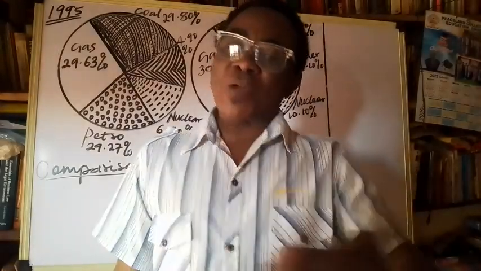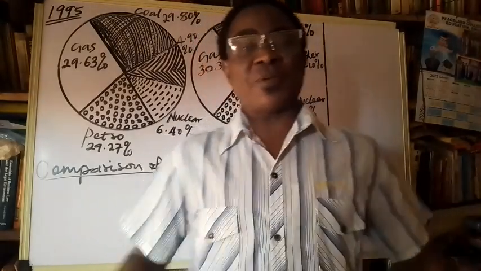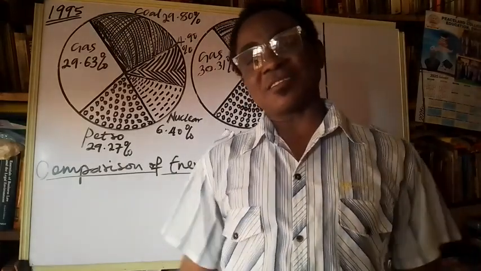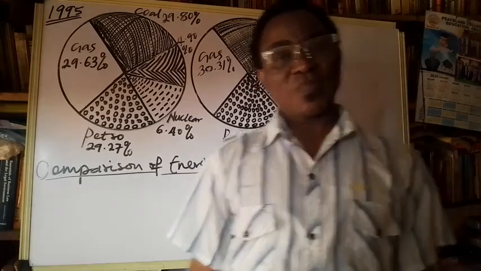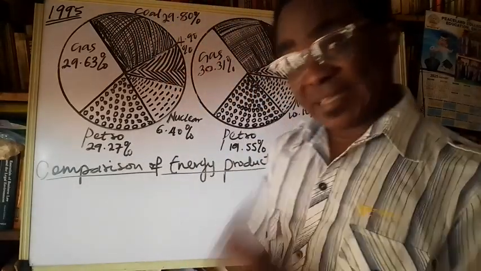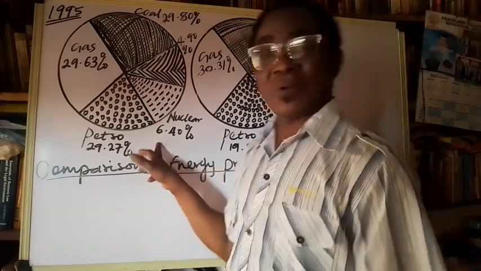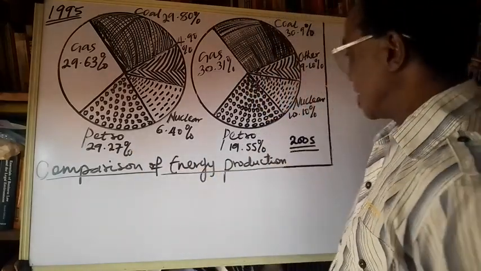When you are able to write a report on this, you are of course applying English to other areas of life. That's what applied English implies. Today, without wasting more of our time, let us take a look at what we have here.